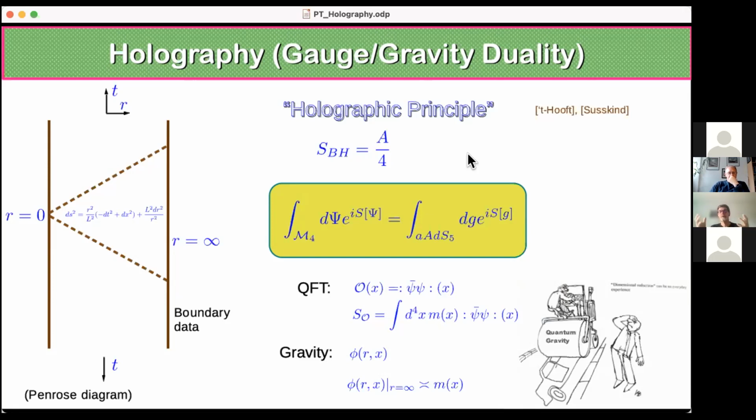So this has given rise to the idea, I think first spelled out by 't Hooft and then later promoted by Susskind, that in a theory of quantum gravity, the number of degrees of freedom in a certain volume is bounded by the area which actually bounds the volume. So there are no volume degrees of freedom.